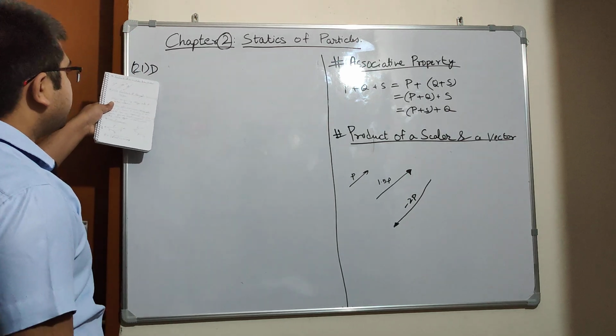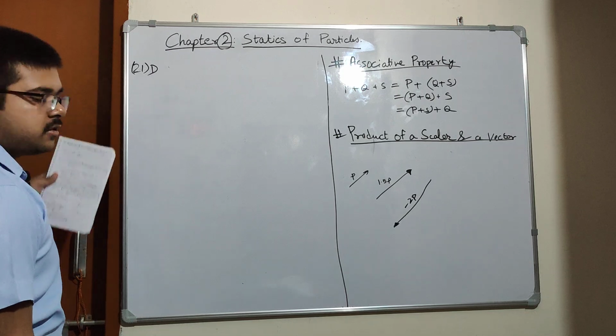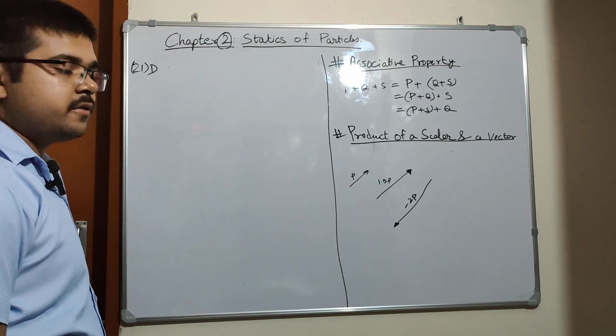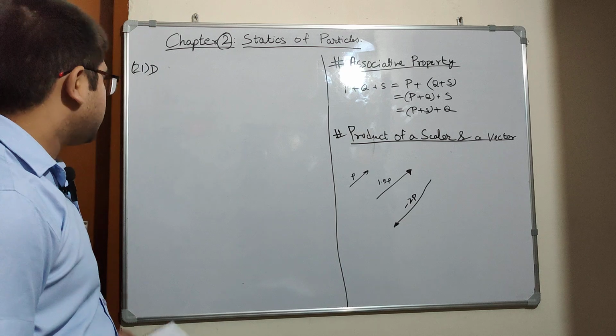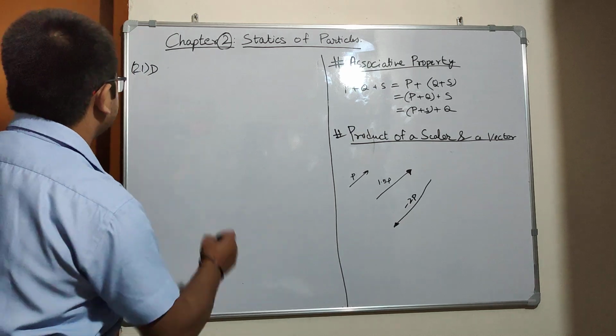So this 2.1d is actually the title where the book by Beer and Johnston has the resultant of several concurrent forces.